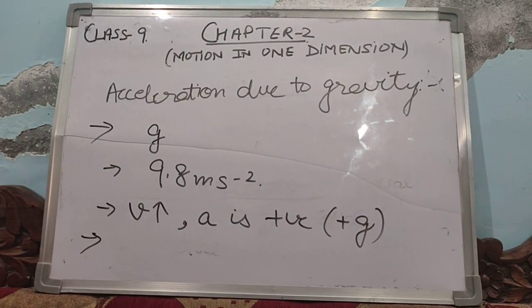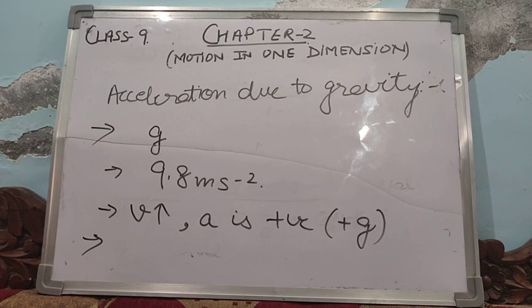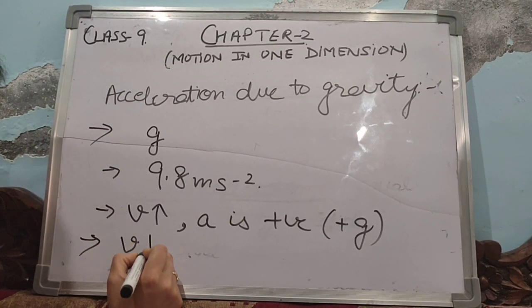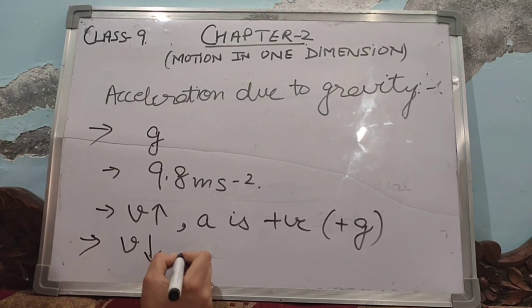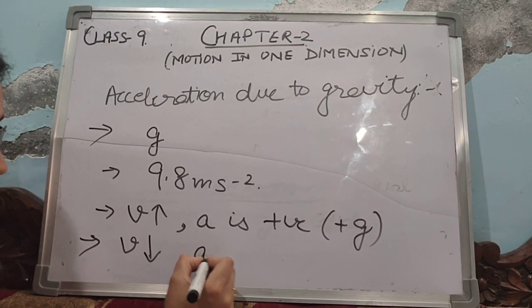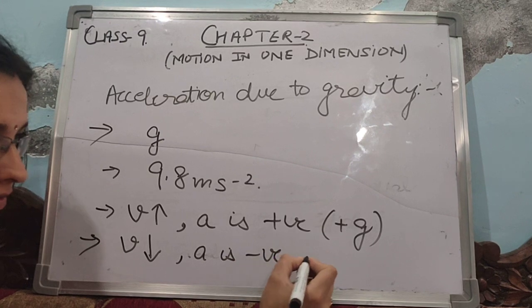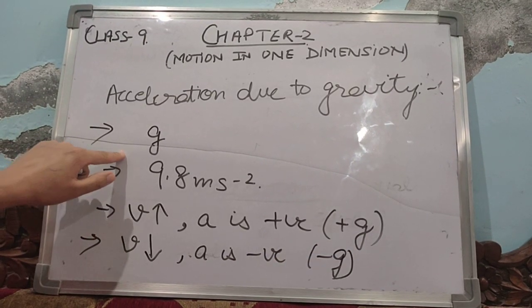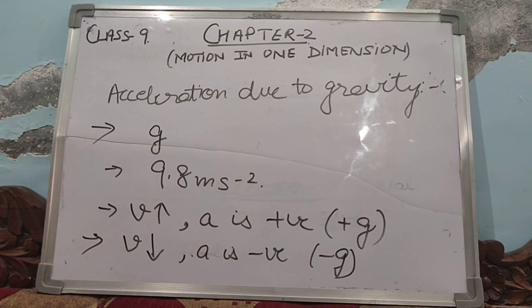When the body moves vertically upward from the surface of earth, in that case your velocity decreases with time, and a is negative, that is, minus g. So here g denotes your acceleration due to gravity.